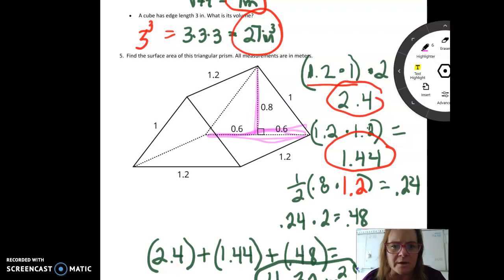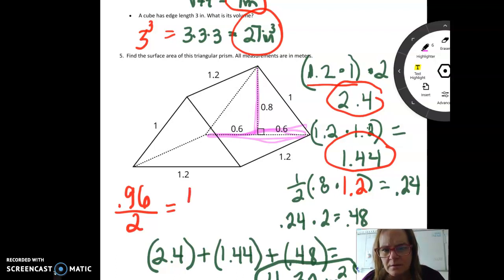So I'm going to have to do 1 and 2/10 times 8/10, which is 96/100. And then I'm going to take half of that, and I end up with 48/100. There we go.